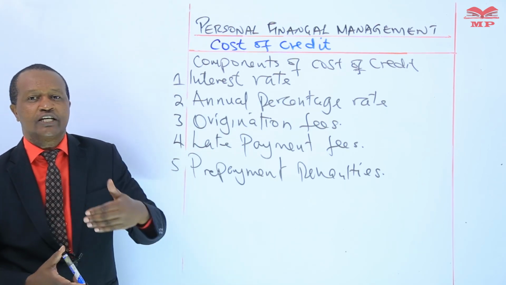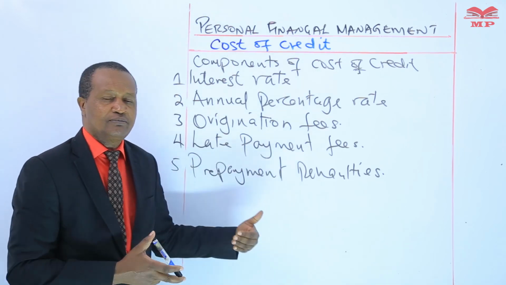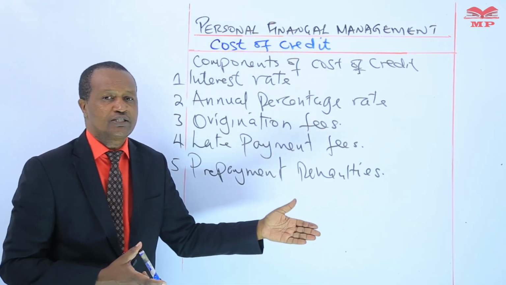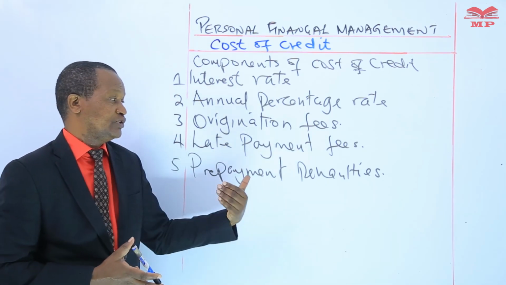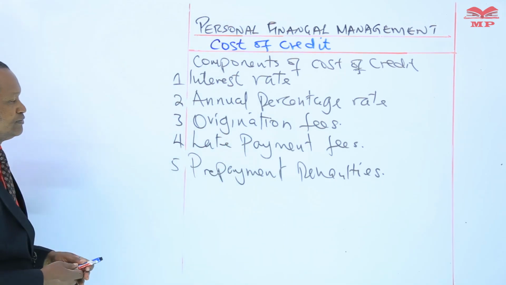If it's to be paid in 5 years and you choose to pay it in 4 years, some lenders can charge you what we call a prepayment penalty.